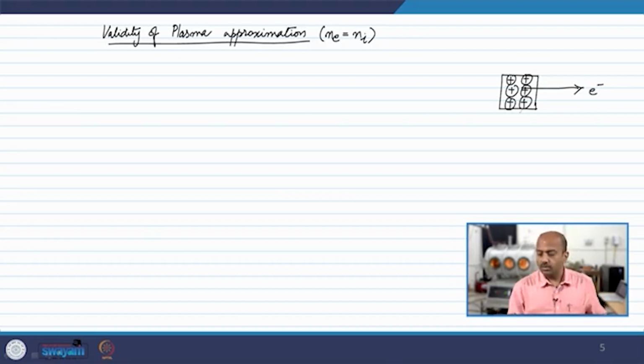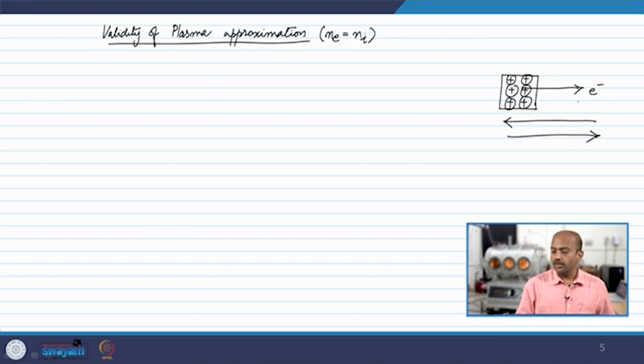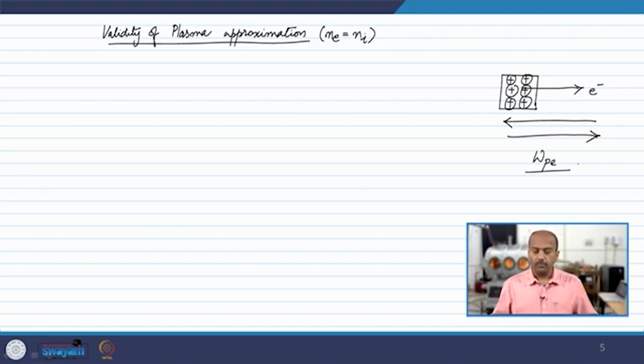Immediately after being moved from this region, they will constitute an electric field, and the electrons' motion will be to nullify this electric field. They will immediately move back because of their inertia or the thermal energy, if you allow it. They will execute oscillations back and forth, and this oscillation frequency is referred to as the plasma frequency, right.